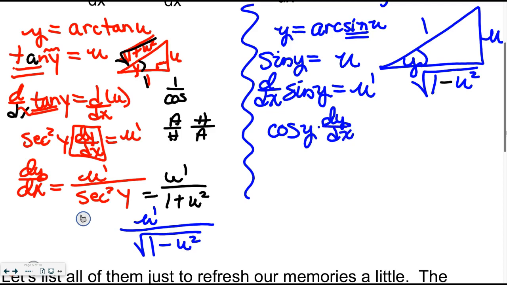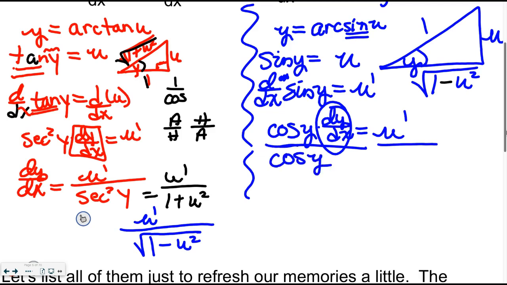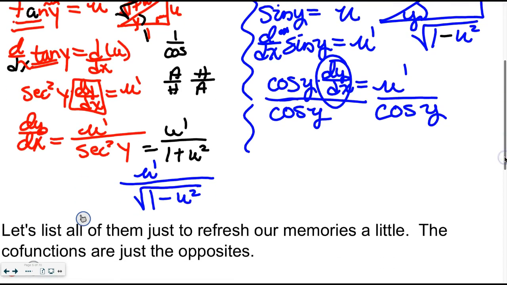So don't forget, that's like a little chain rule reaction going on there. So my dy dx, and you can see why the cofunctions go negative, because had that been cosine, its derivative is negative sine. So when I divide, you can understand why all those cofunctions end up just being the opposite of the original, just due to sign changes, right?